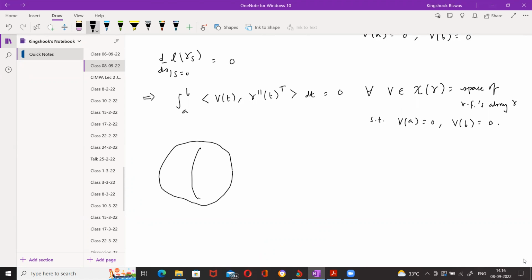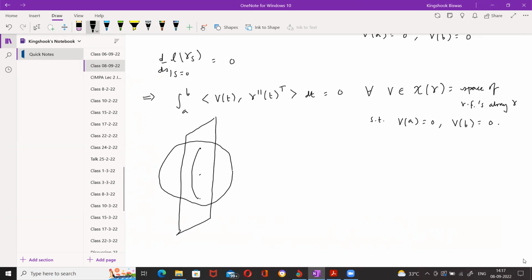So what are great circles? Those are the circles given by the intersection of the sphere with a two-dimensional plane passing through the origin, like this. So here we'll take basically all planes passing through the North and South Pole. So those will contain the origin also, right?